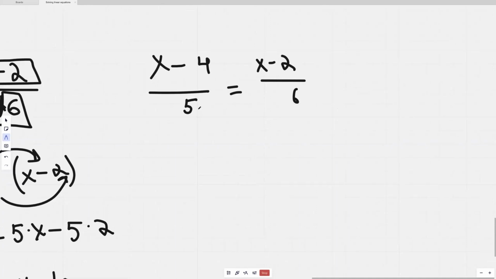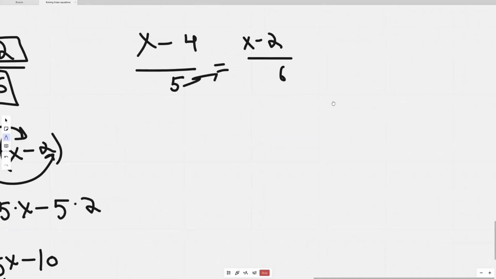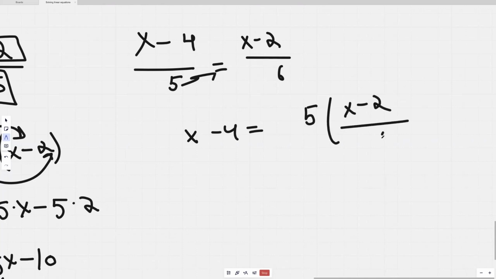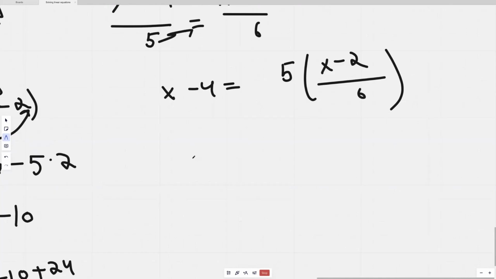Firstly, you multiply the 5 by x minus 2 divided by 6, because it's dividing on the left side and we are moving it to the right side. So x minus 4 is equal to 5 multiplied by x minus 2 divided by 6, right?